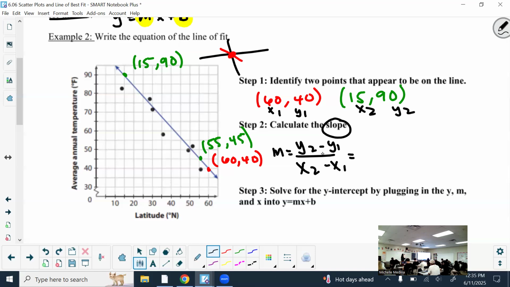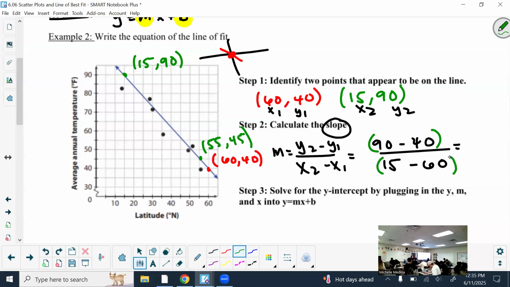So when I plug it into my formula, I'm saying that my y2 is 90, my y1 is 40, that's why I don't skip the labeling step: y2 minus y1, over x2 minus x1, which is 15 minus 60. You could use Desmos for this if you're using it, maybe put parentheses around the numerator and then around the denominator, so it's a fraction.